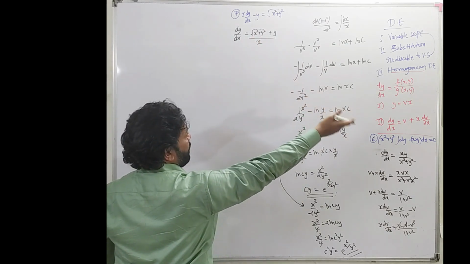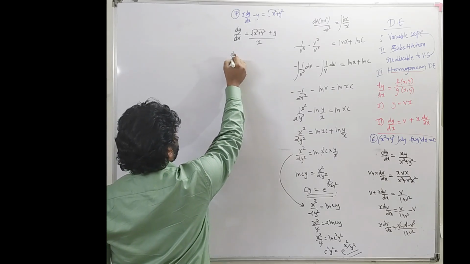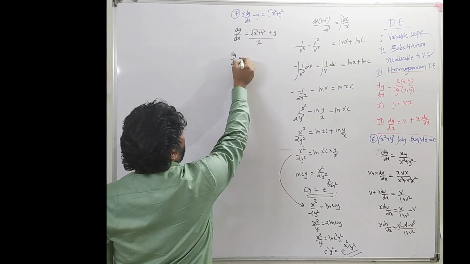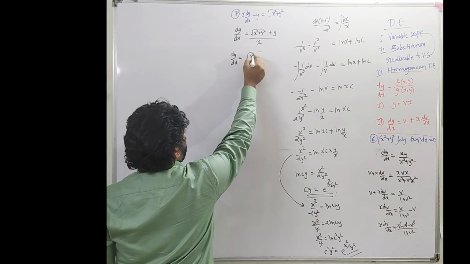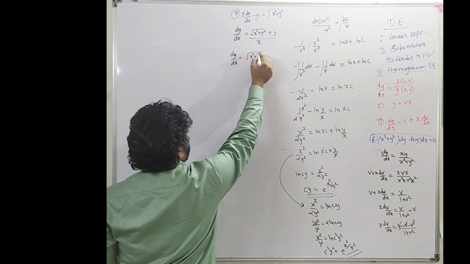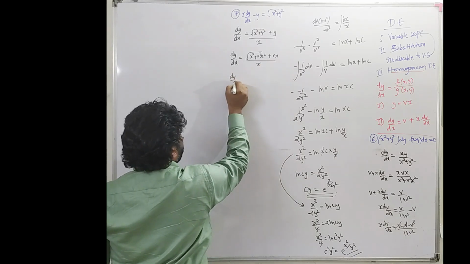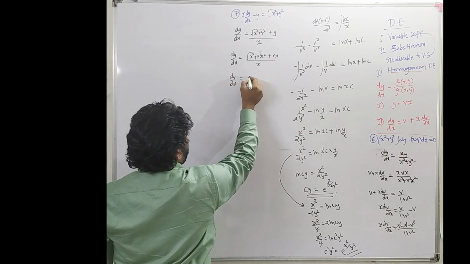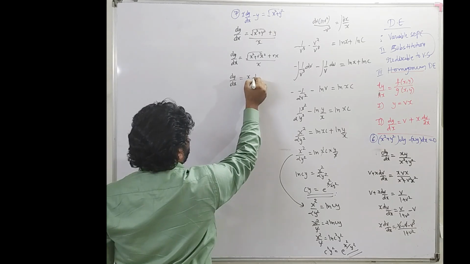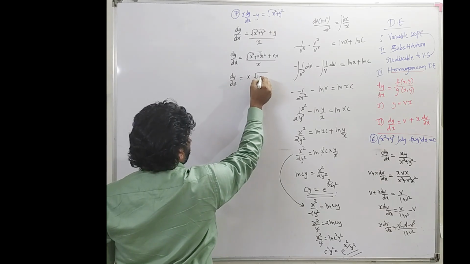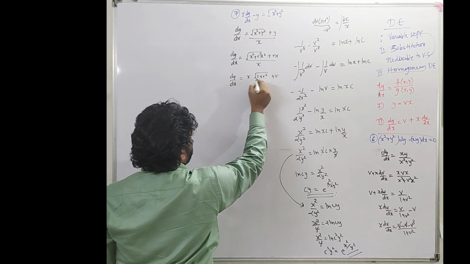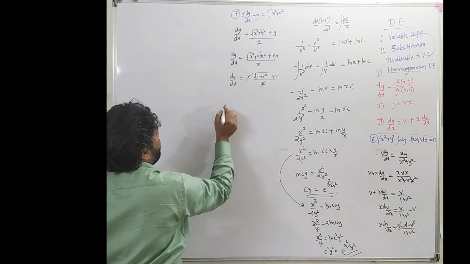So once again, substitution, step 1 and step 2, y is equals to vx. From the numerator x we can take out common, so it will be root of 1 plus v square plus v by x.